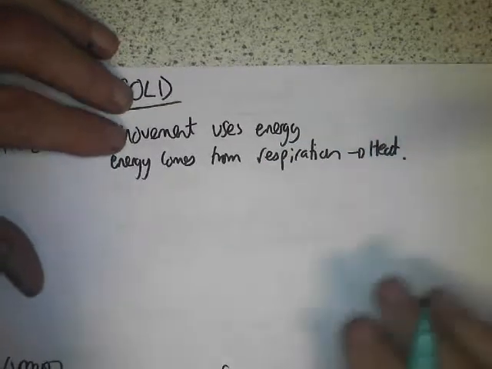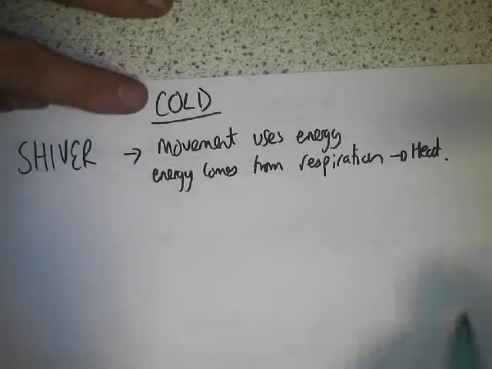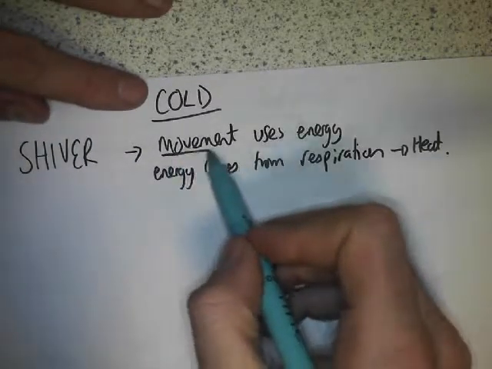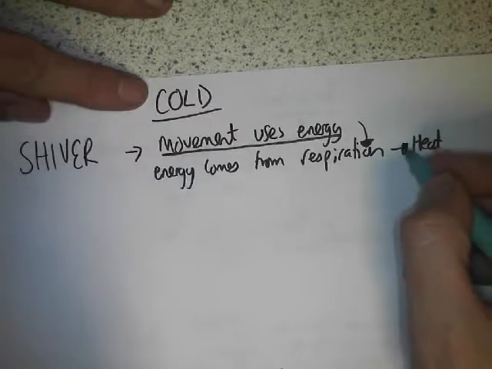It's a very long way round really, trying to keep ourselves warm, clinging on for dear life, but it's this movement which needs energy. Energy comes from respiration, and when we respire, a byproduct is heat, which helps us get a little bit warm.